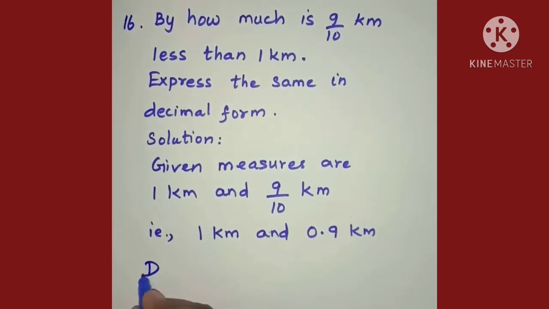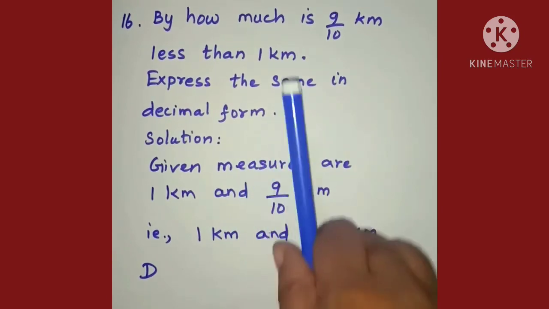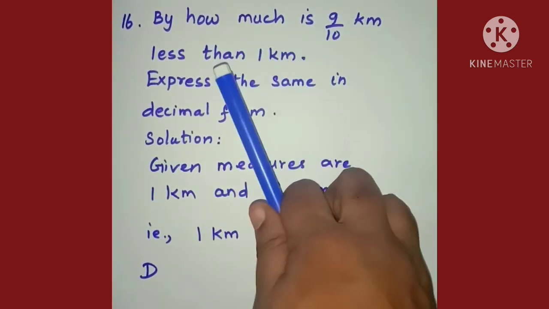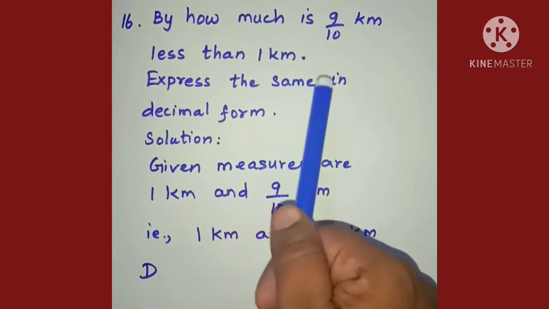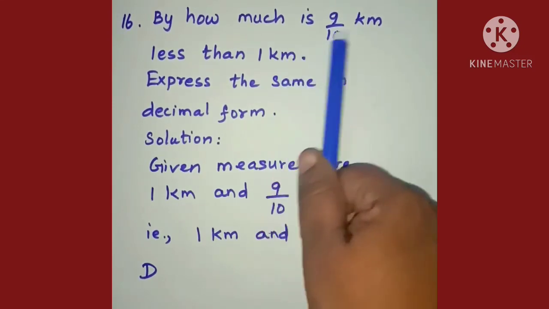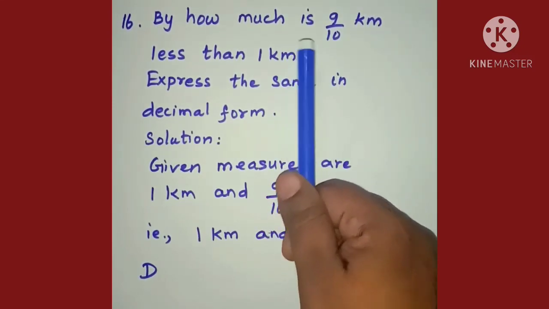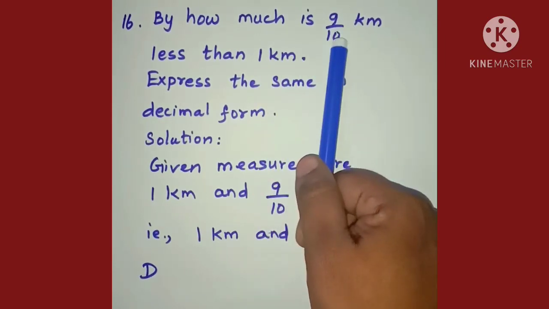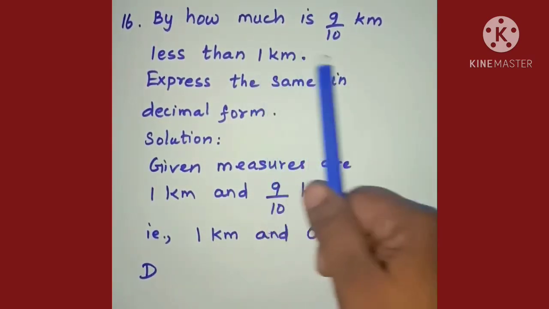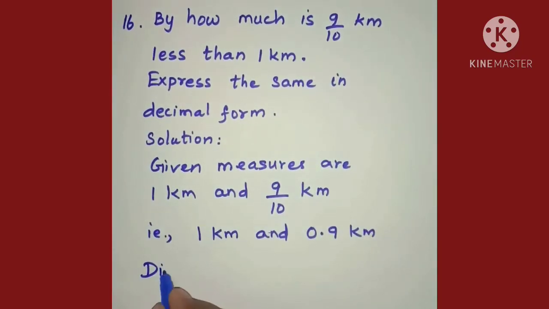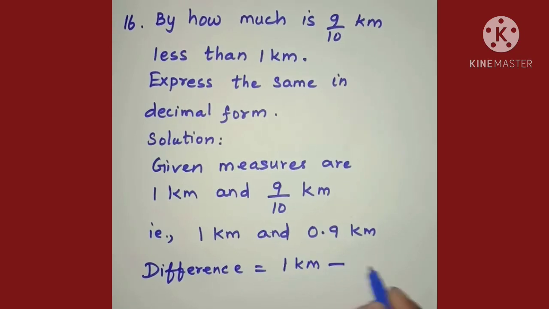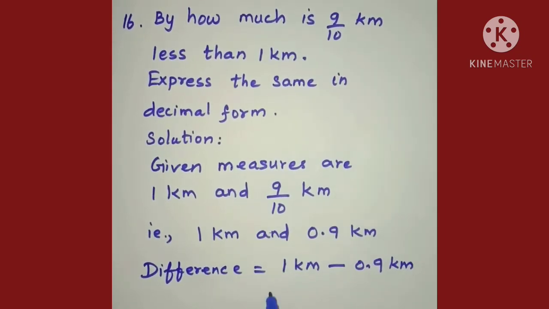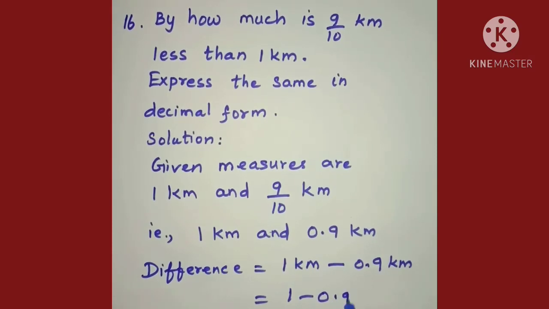Now, to find how much 9 by 10 kilometer is less than 1 kilometer, we have to find the difference between these two values, that is, subtract the 9 by 10 value, 0.9, from 1. So the difference is equal to 1 kilometer minus 0.9 kilometer, which means 1 minus 0.9 kilometer.